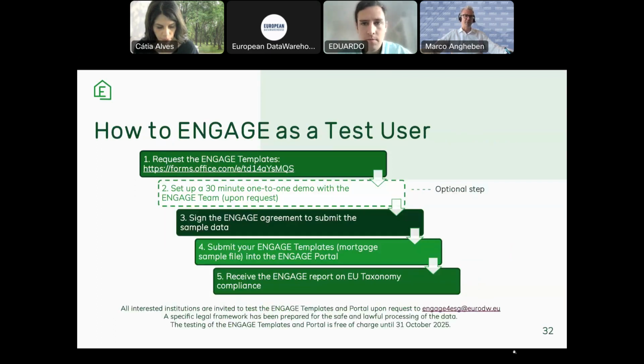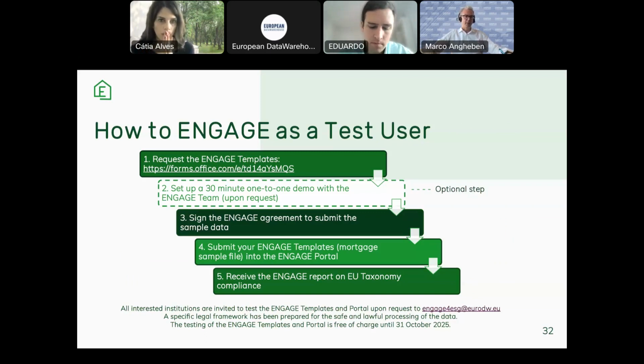Next, please. Those are the steps to become a test user. First you can request the Engage template. There is a link there. Then you can set up a 30-minute one-to-one demo with the team. This is an optional step. Again, in order to address the confidentiality of the information, even if it's mostly anonymized, you need to sign an agreement to submit the specific sample data.